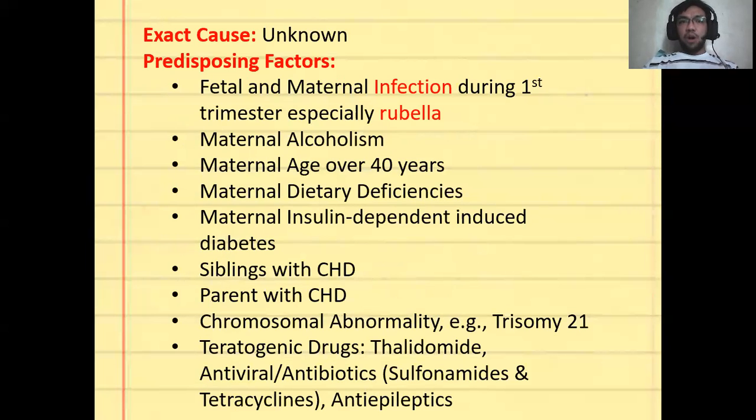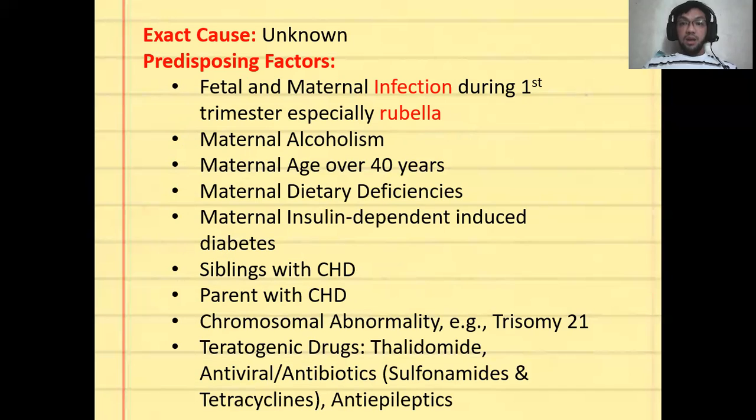Now, what is the exact cause of these disorders? It's primarily unknown. We do not know what causes these CHDs to occur, but we have predisposing factors such as fetal and maternal infection, especially rubella during the first trimester.